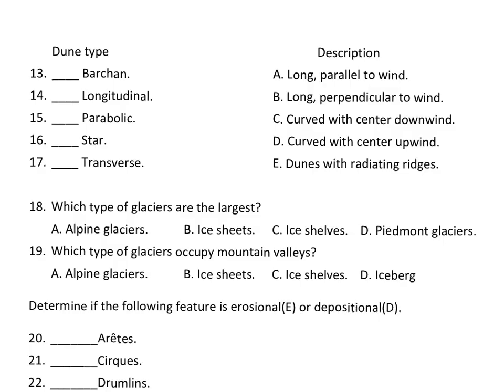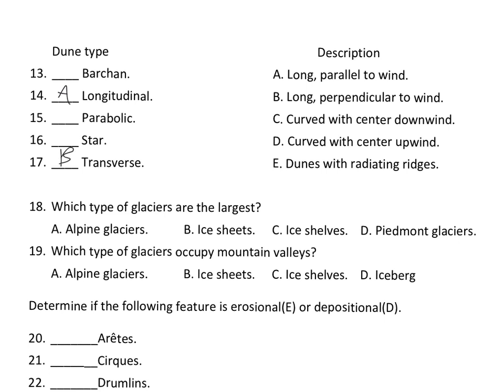All right, then on to a quick review of the dunes. So when we look through here, I actually like to do my definition and then look back. So long parallel to wind is going to be my longitudinal. Long perpendicular to wind, this would be my transverse.